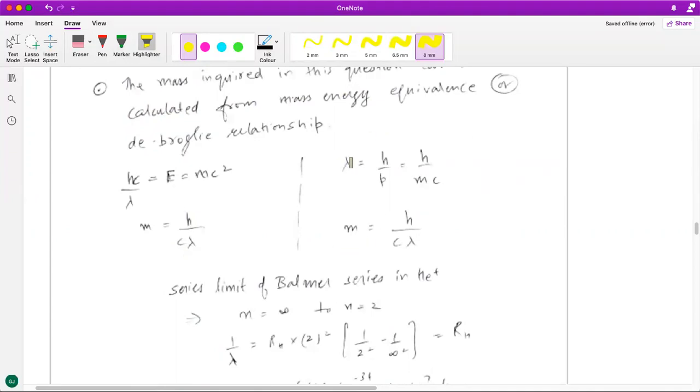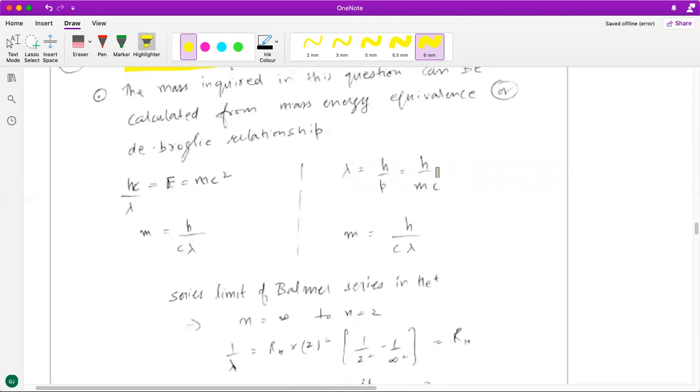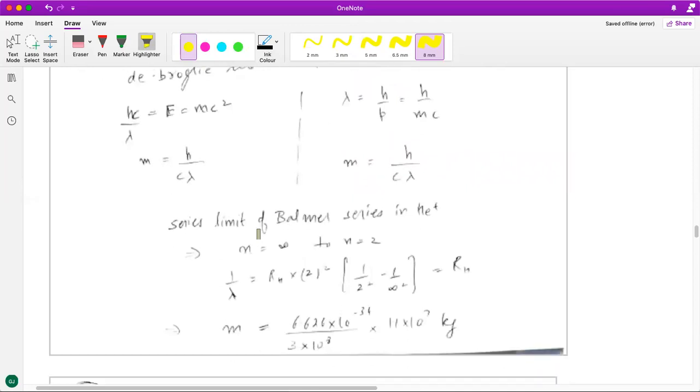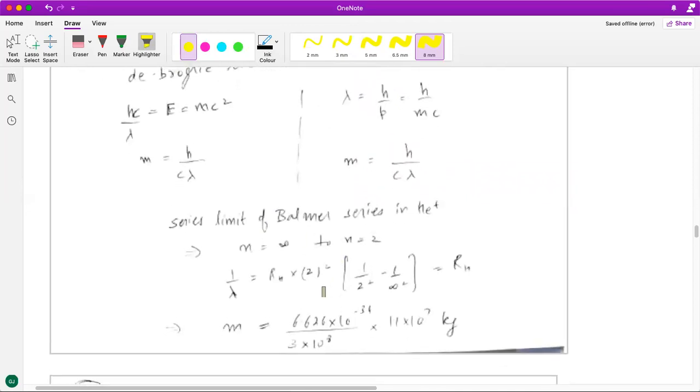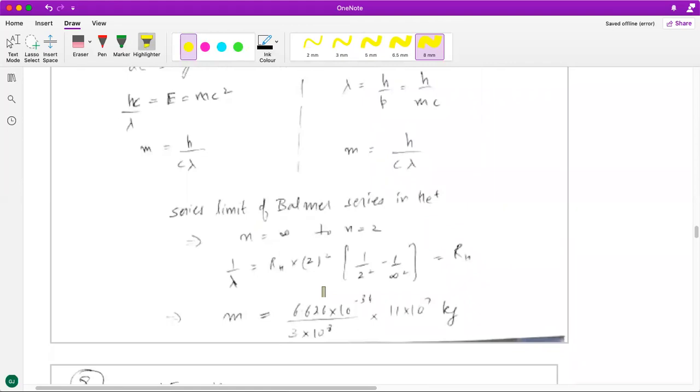That is absolutely fine, that lambda is equal to h upon momentum, and momentum for a photon will be mass into its speed, and speed of photons, speed of light, is c. So you can use either the relationship to get the answer, right? And lambda value, of course, you can then calculate from the knowledge of atomic spectrum and substitute in these equations.